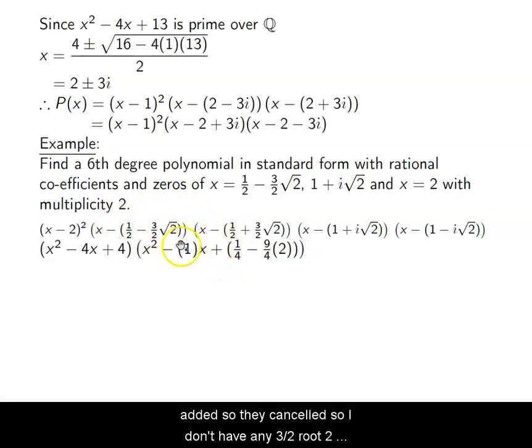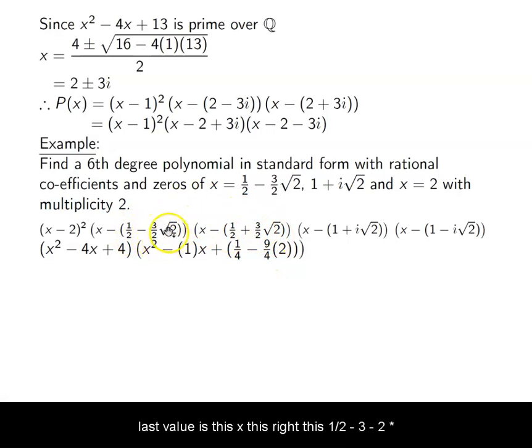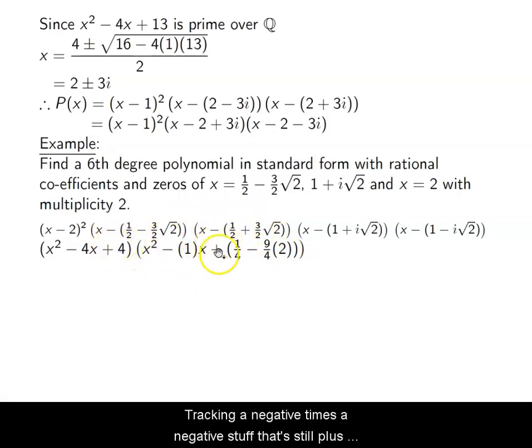So I don't have any 3/2 root 2 times x terms in the middle, right? So that means that the last value is this times this, right? This 1/2 minus 3/2 root 2 times 1/2 plus 3/2 root 2, okay? And I should be subtracting that, right? Well, a negative times a negative, so that's still a plus, that's fine.